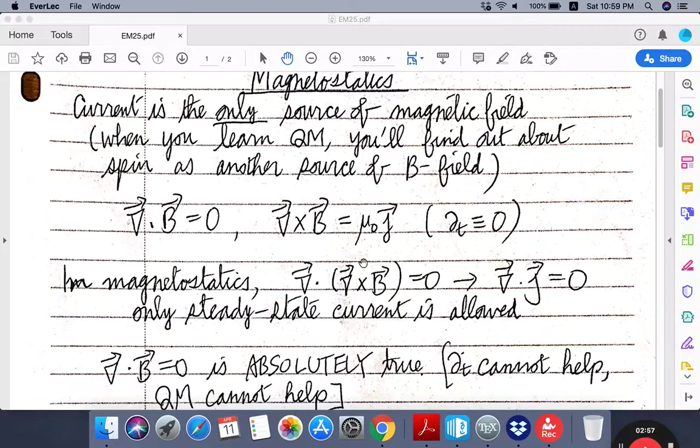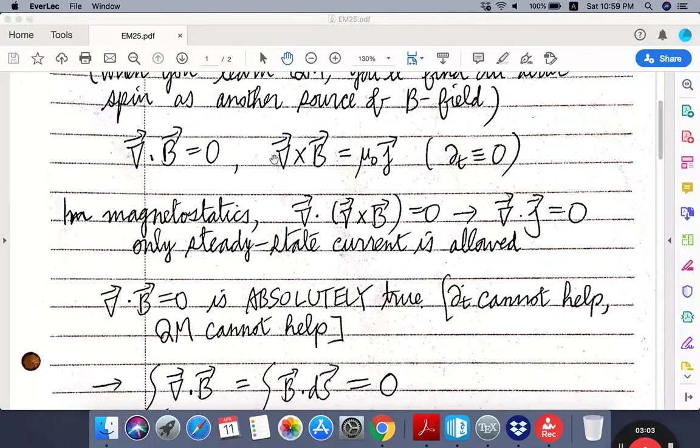Okay, one very simple consequence of this relation is that once you take the divergence of the left-hand side, then by virtue of the vector identity, this becomes zero, which means that the divergence of the right-hand side is also zero.